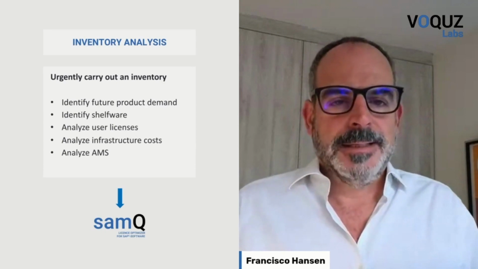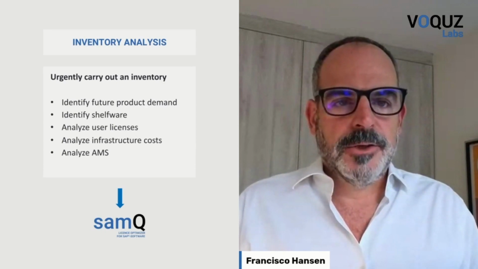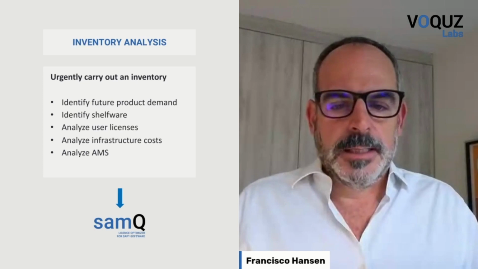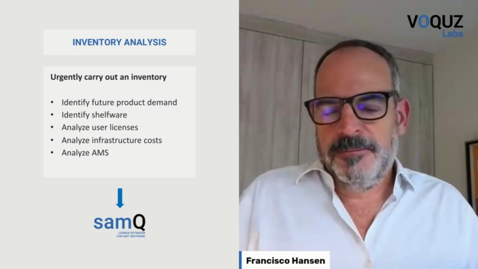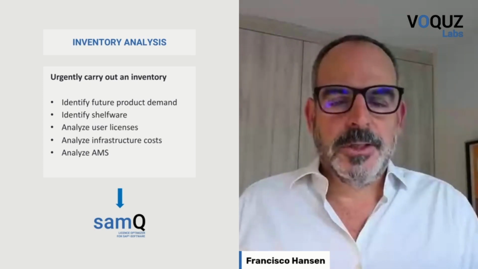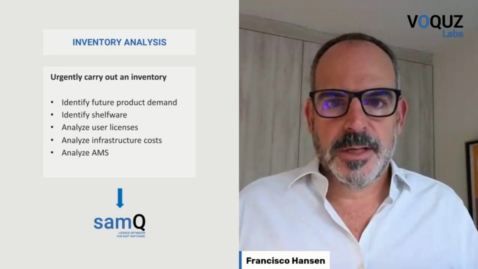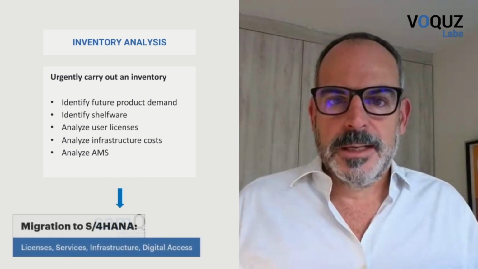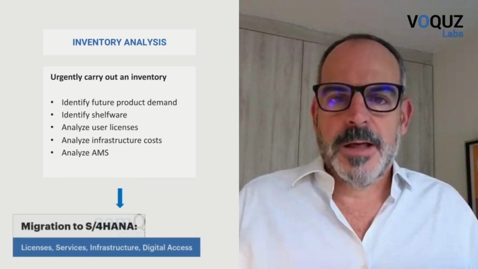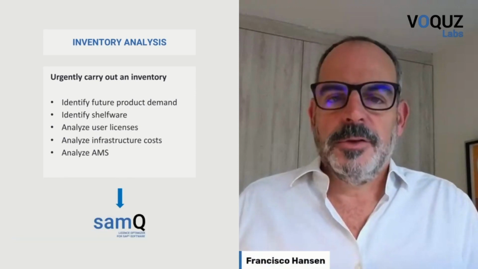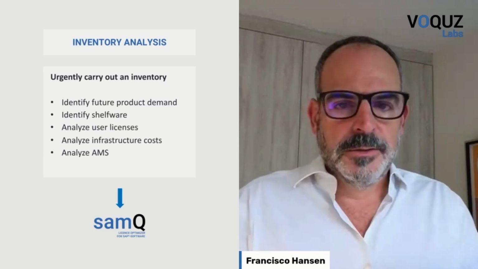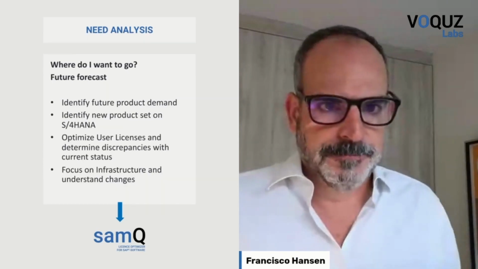Check that. And analyze the application managed services. Now, you don't get the same from different providers, especially in the area of RISE with SAP. It is somehow a standardized service. And for some clients, it fits perfectly. For others, it doesn't at all. So you need to go down and really look into the details of these service descriptions.